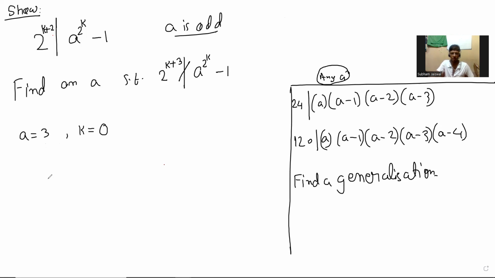K equal to 0. So then we get this 2 cube. And then what happens? So a is 3, and k equal to 0 means 2 to the power 0. And so certainly 2 cubed does not divide this.